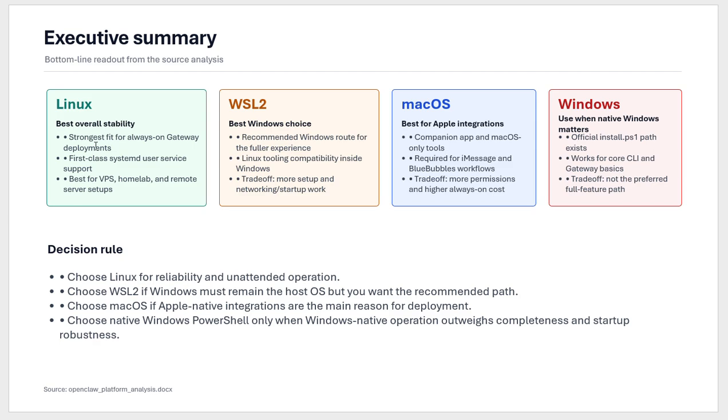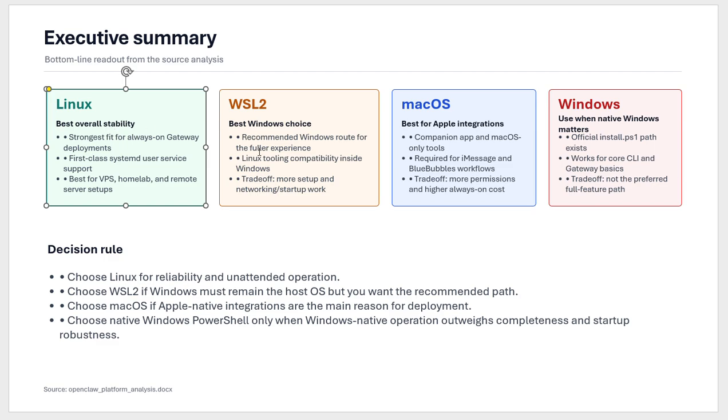If you are using OpenClaw and you leave it operating 24/7, this is the best option. You install it in a VPS, home lab, or remote server setup. So Linux is your best path.